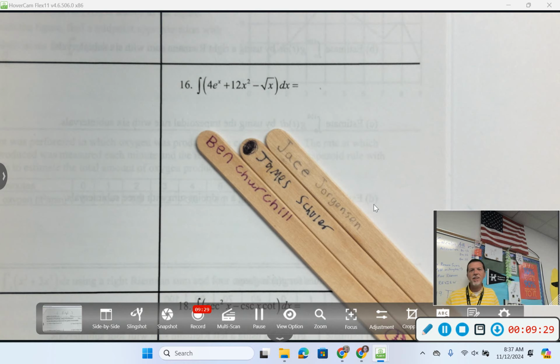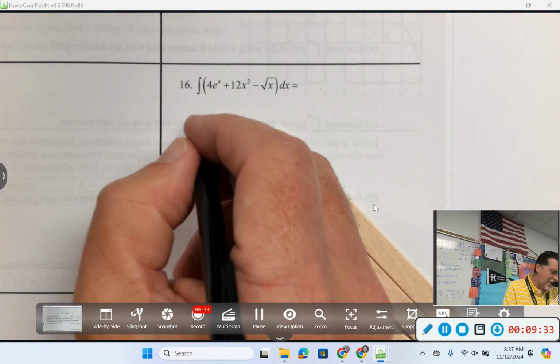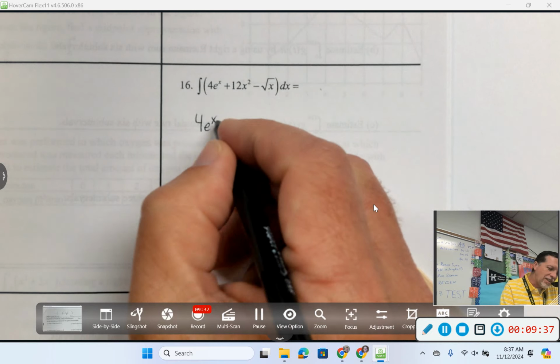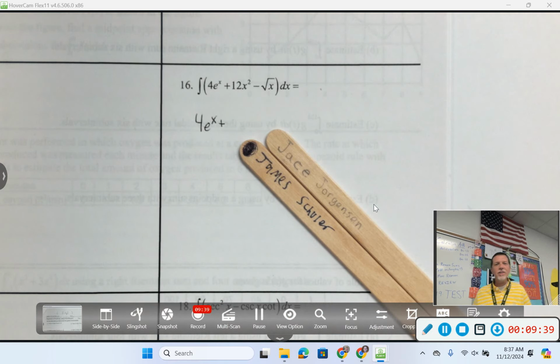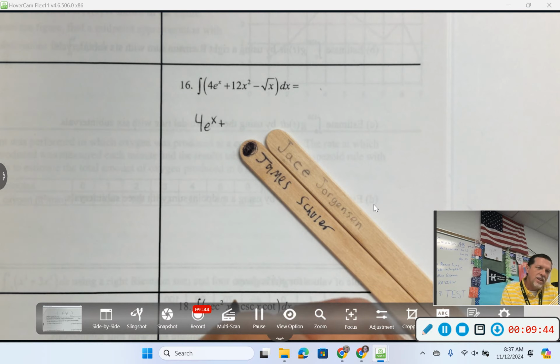Ben, how about the antiderivative of 4e to the x? It is 4e to the x. James, how about the antiderivative of 12x squared? And you can simplify it or you can not simplify it, whichever way.